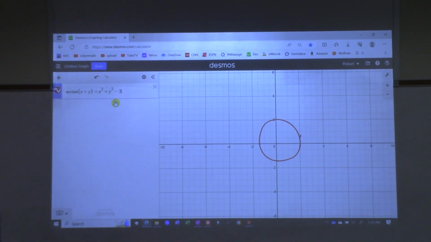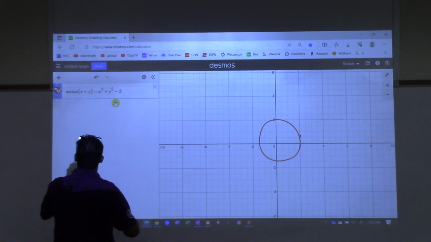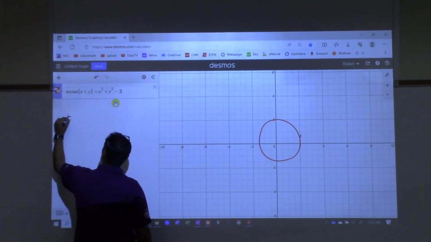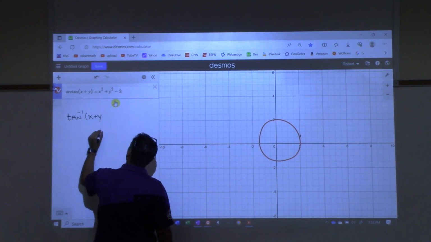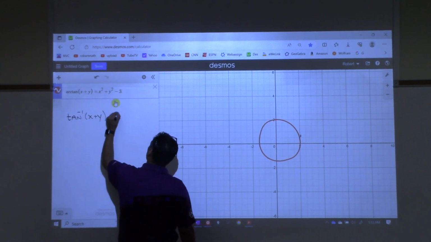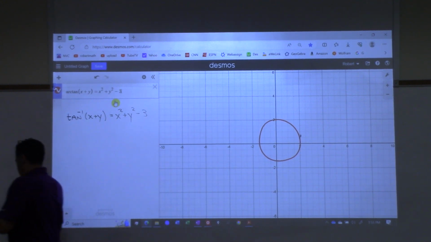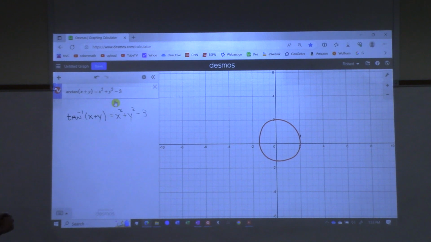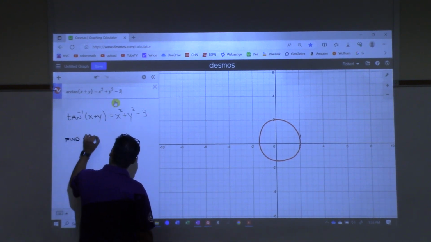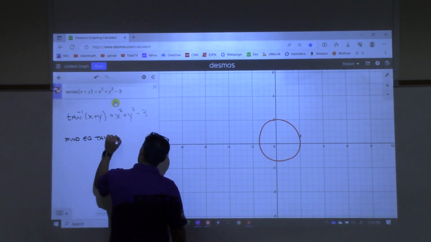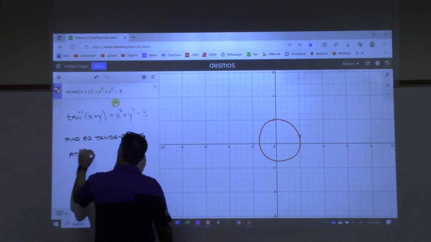So what I'd like for us to do here is, if we're given tangent inverse of x plus y equals x squared plus y squared minus 3, find the equation of the tangent line at the point 0, 2.